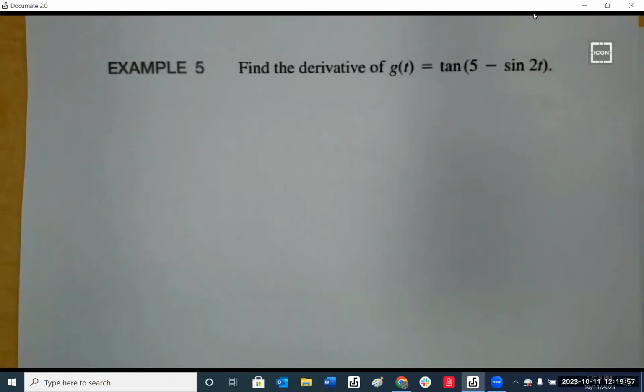Find the derivative of g of t equals tangent of 5 minus sine 2t.